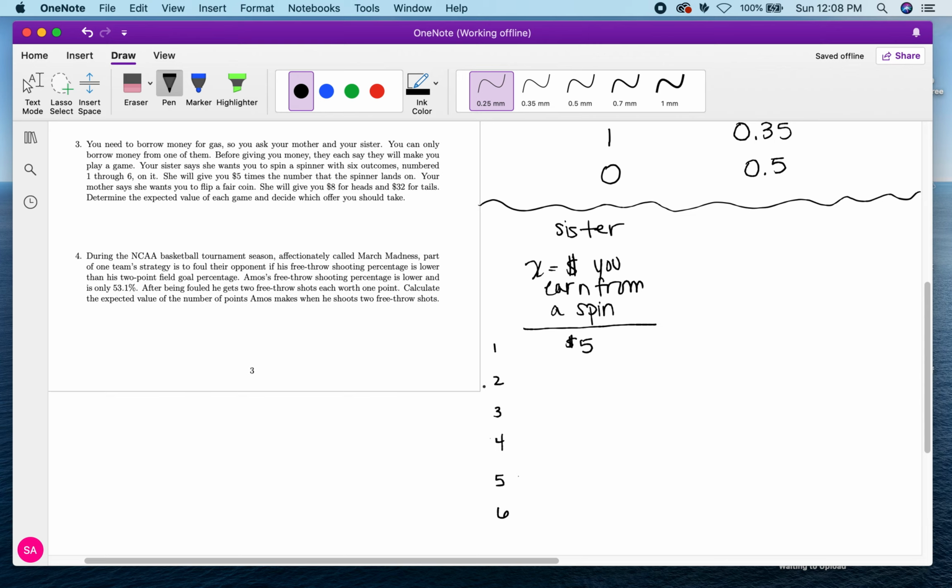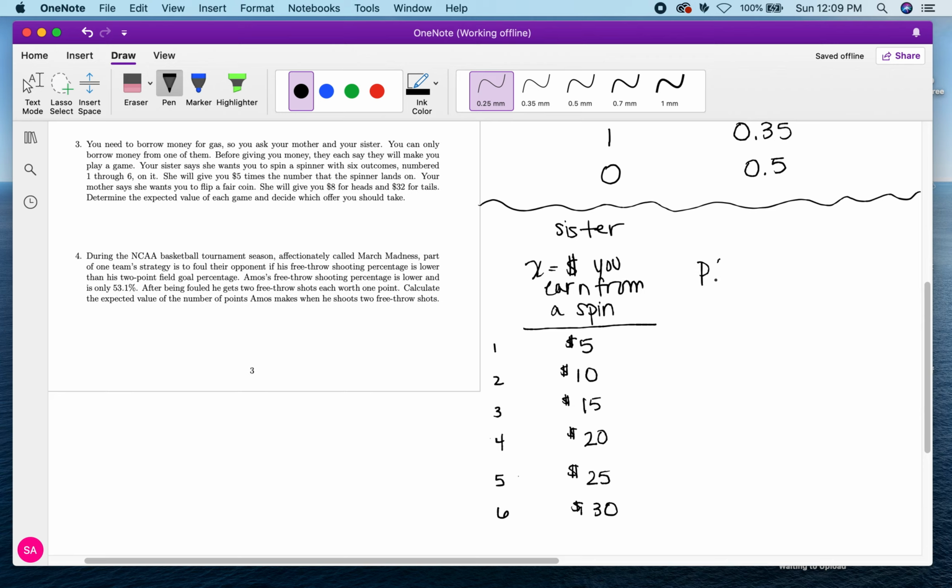If you spin a 2, $5 times 2 is $10. If you spin a 3, you'll get $15, 5 times 3. So on and so forth. If you spin a 4, you'll get $20. If you spin a 5, you get $25. If you spin a 6, you're going to get $30. So these are different possible outcomes that you could have.